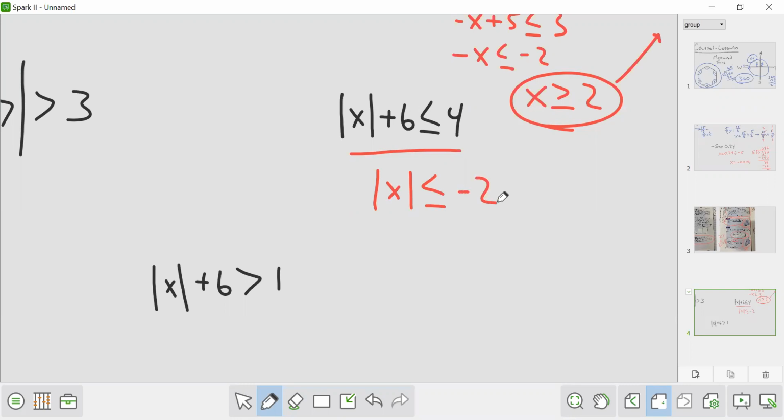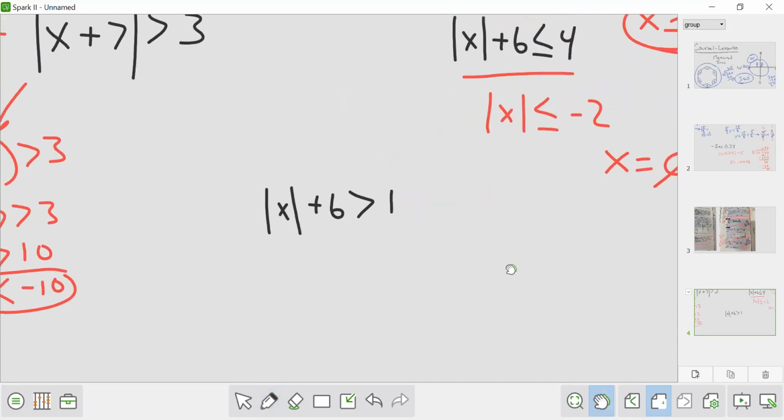Is there any way the absolute value of x could be less than a negative number? Because the absolute value always ends up positive. No. So the solution, you would say x equals a null set. There's nothing that x can be.